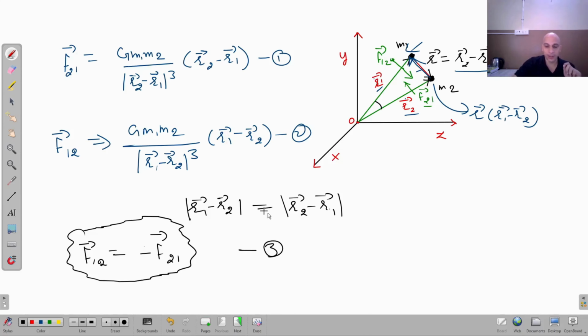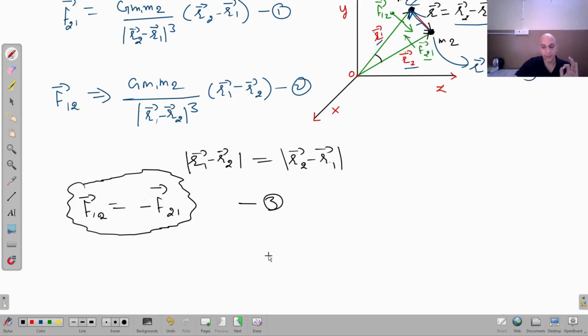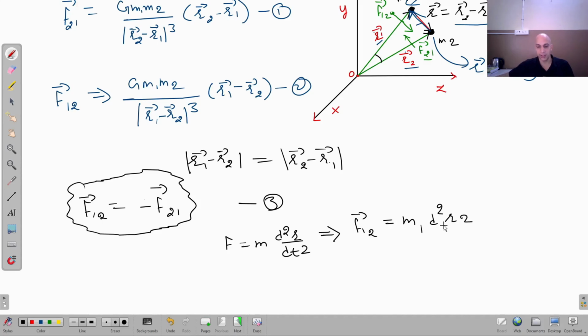Now let's write down the equation of motion according to Newton's second law. We know from Newton's second law, F is equal to m d square r upon dt square. So if I put the value of F for the first body and for the second body, I will get F12 equal to m1 d square r1 upon dt square, right? This is for the first body.